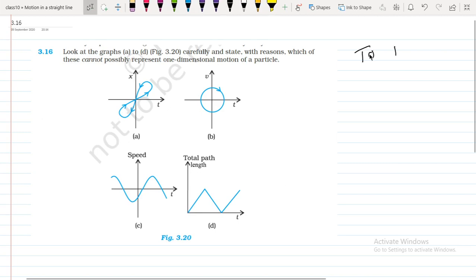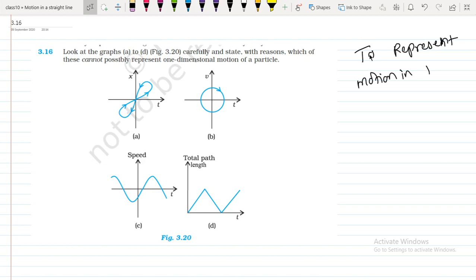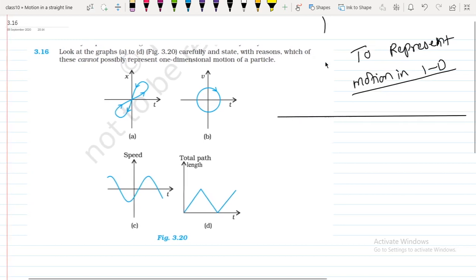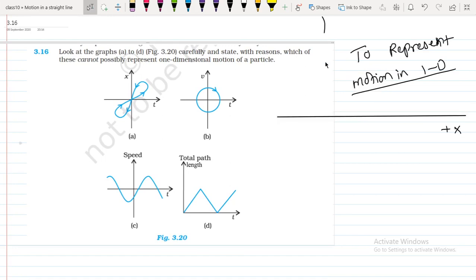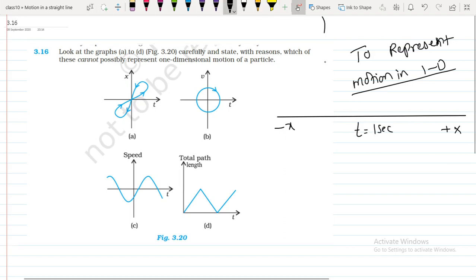So to represent motion in one dimension, one-dimensional motion means the object's position should change with respect to time in only one way. If the object is moving along the positive x-axis or negative x-axis, then at a particular time, suppose t equals 1 second, the location of the object is supposed to be at only one point.